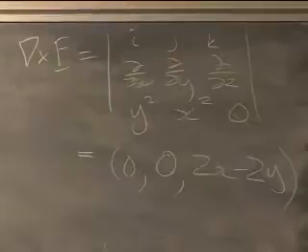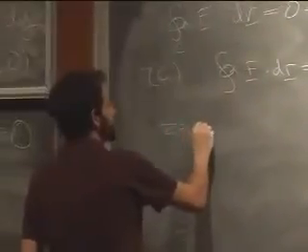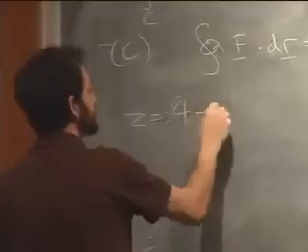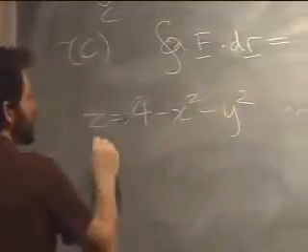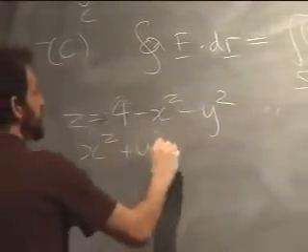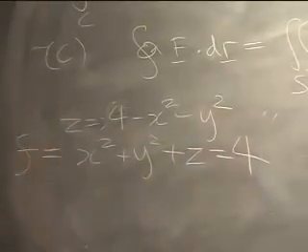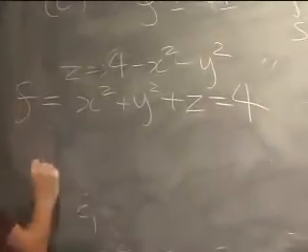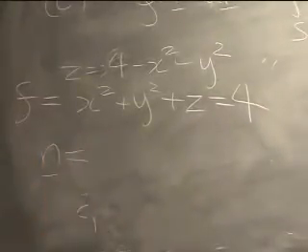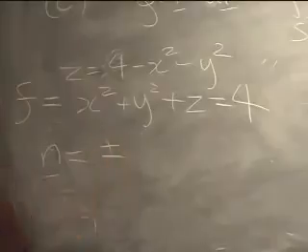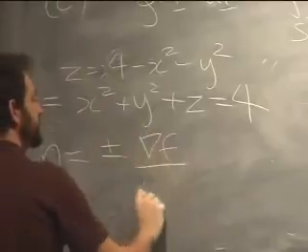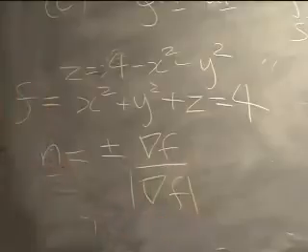All right, but what's n? Well, to work out n, we've got to go back to our equation for the surface. And I think the surface was z equals x squared. No, it's 4 minus x squared minus y squared. In other words, x squared plus y squared plus z equals 4. Call this f. And so the normal, in some direction or other, is plus or minus grad f over the norm of it, the length of it.